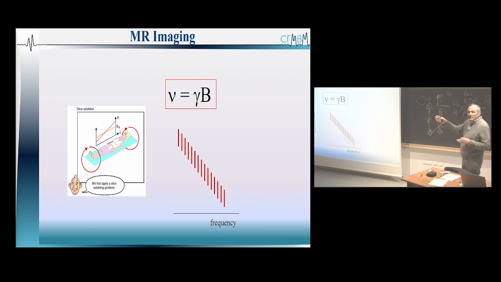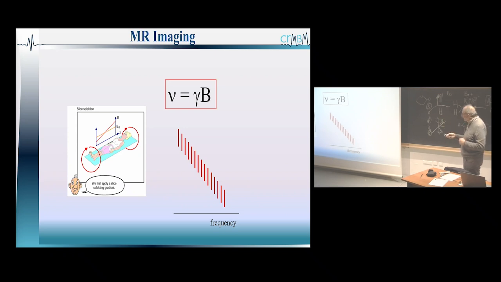So as I said, the phenomenon is the same. The physics is the same. So we still have the relationship between the frequency and the B0. But if you want to do imaging, you need to find a way to get the frequency related to the position of the nuclei.